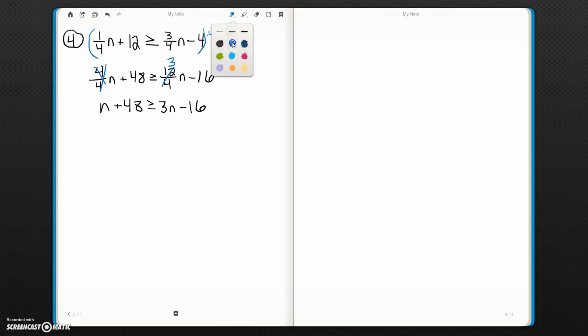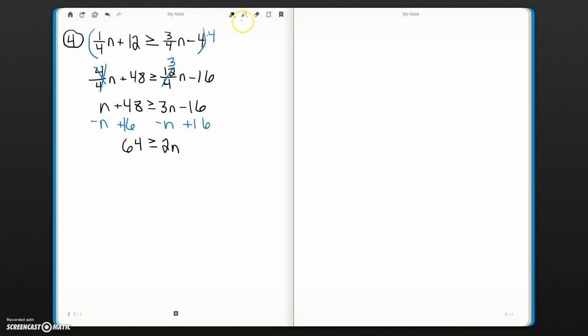Alright, so now we need to combine like terms. So subtract n from both sides and add 16 to both sides. Okay, so here we go. So 16 plus 48 is 64, which is greater than or equal to 3n minus n is 2n's.